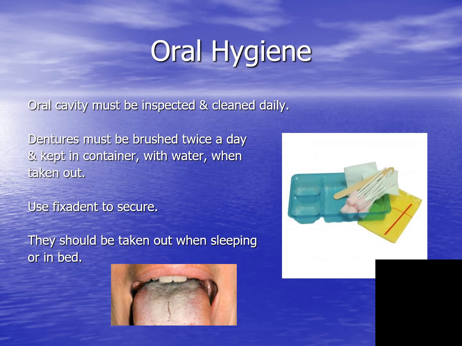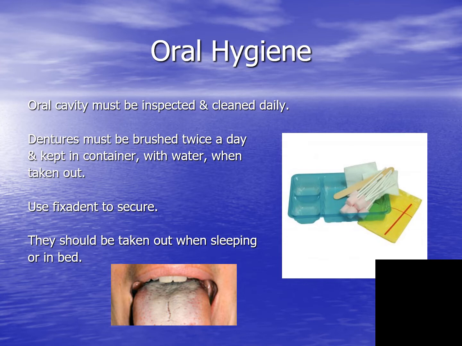And then if they haven't got dentures, or they have got dentures, their oral cavity still needs to be inspected and cleansed. So if they had no teeth, we could use an oral hygiene tray. These sponges, these swabs, you need to check. You'd have gloves on. You'd have to check that this foam part does not come off and block their airway.